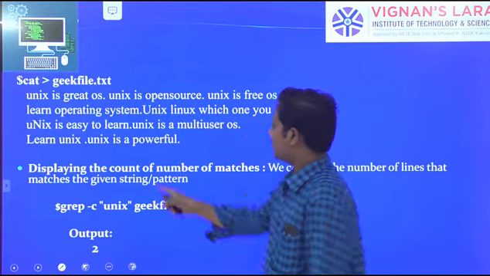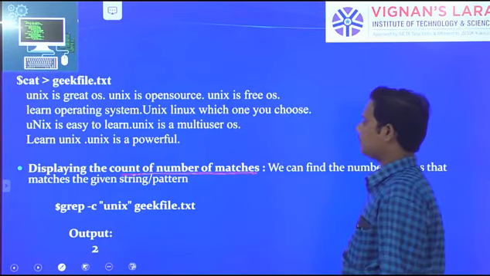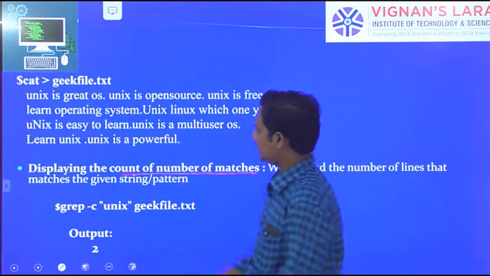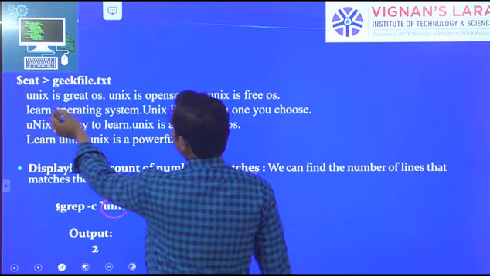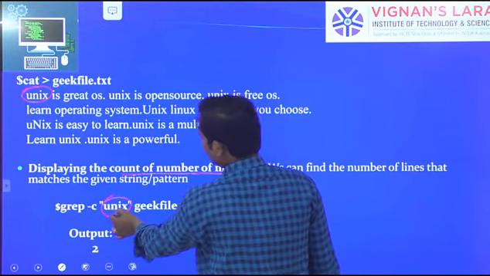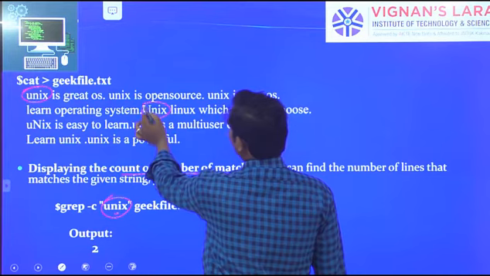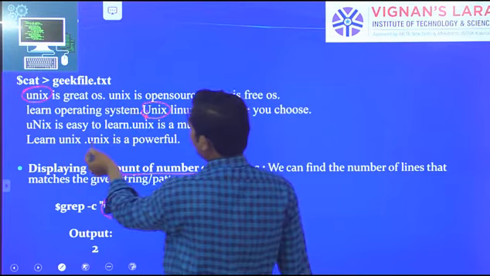Okay, display the count of the number of lines matched. How many matches are there for Unix? How many times is it there? Here Unix is there. Here only small, because here a starting capital U is there, we are not considering it. Only small.